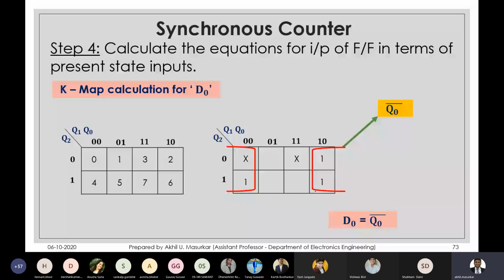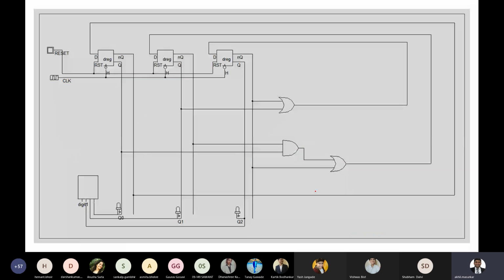In step number 4, using D2, D1 and D0, we will calculate D2, D1 and D0 using K-maps, and then in step number 5 we will implement this circuit. So this is your step number 5, that is the implementation of the circuit.